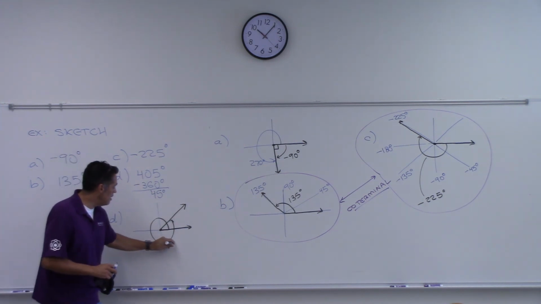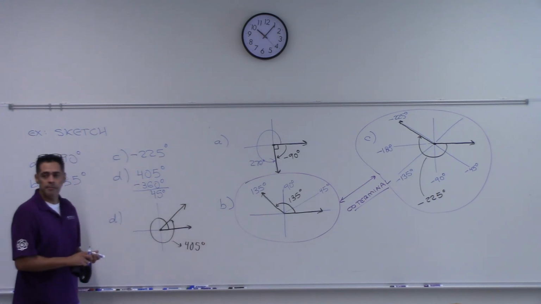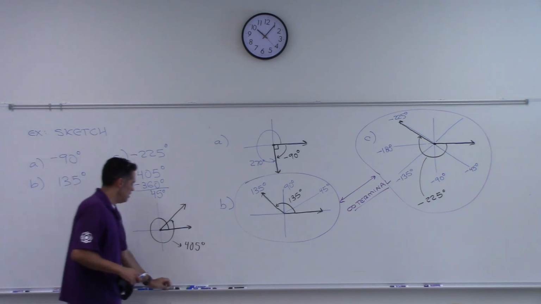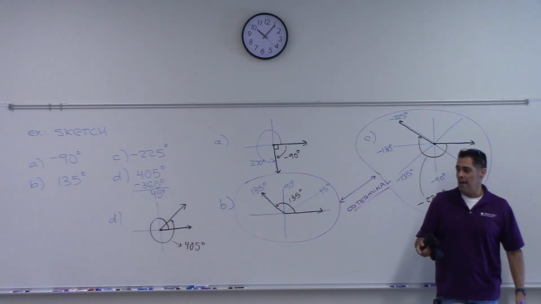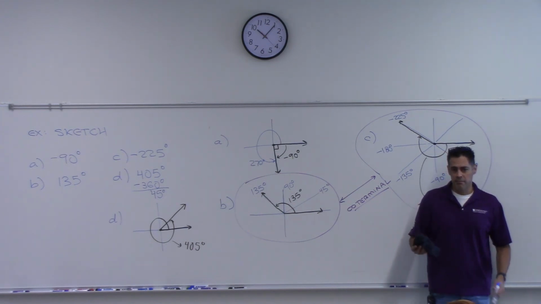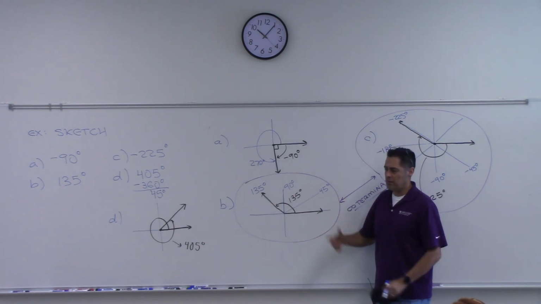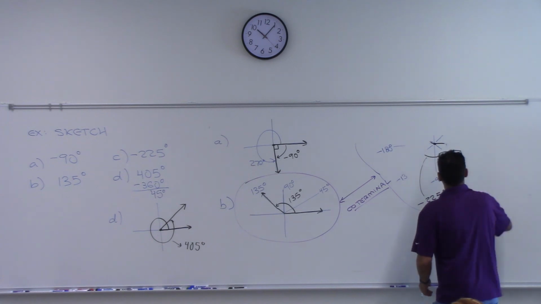This right here is the 405 degrees. So 405 and 45 degrees are both coterminal, but 405 has a full rotation added on. All right, we got to keep going.